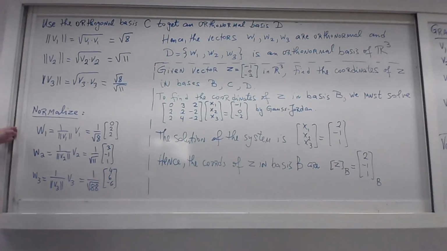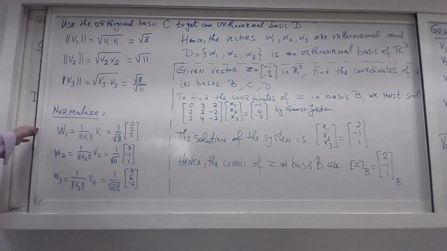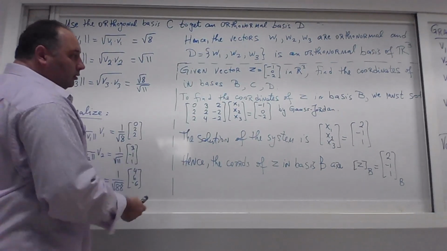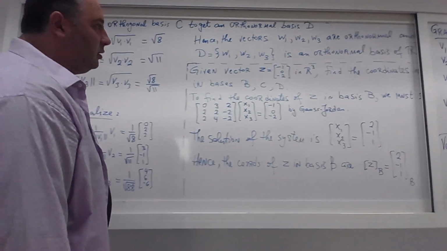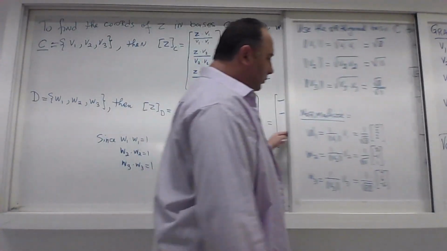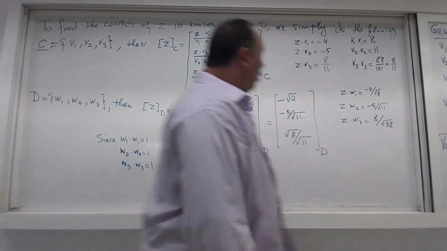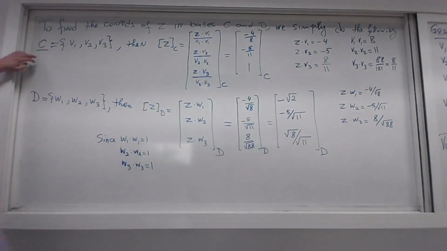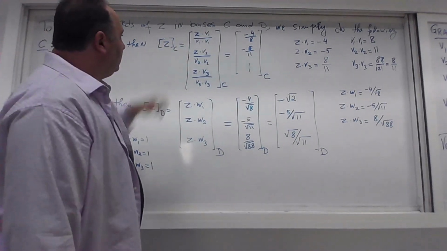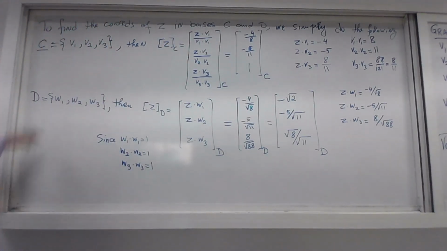To get these coordinates in basis B, we had to solve the linear system. Now the beauty of an orthogonal basis is that we don't need to do this. We could, it's not a problem, but it's not smart. We already know that to get the coordinates of a vector in an orthogonal basis, all you need to do is compute these ratios of dot products. So I have my basis C that is orthogonal, obtained from basis B using Gram-Schmidt.